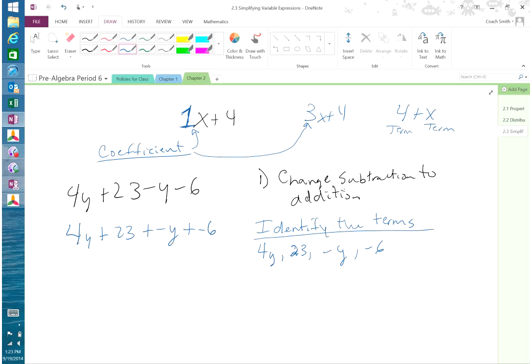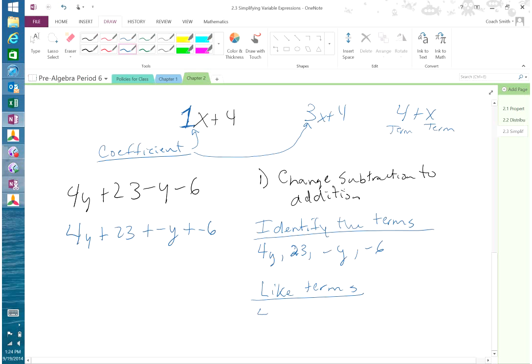So that's the terms. The next thing they want us to do is identify the like terms. Like terms are those terms that have identical variables. So in this problem, if you look at our terms, which ones have identical variables? 4y and negative y.